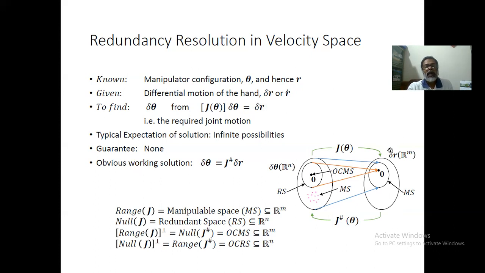Now on this side, the redundant space will capture some of the dimensions of delta theta, that is Rn.